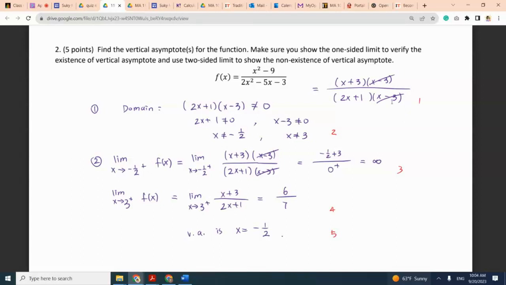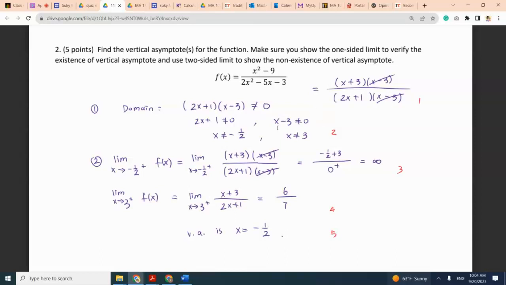From this step, we already know the vertical asymptote is going to happen when 2x plus 1 is 0, and x minus 3 is 0 won't give us a vertical asymptote. So we know the conclusion at the first step. But you have to show why. Okay? You have to show why. If you just write down the first steps, that's only 1 point.